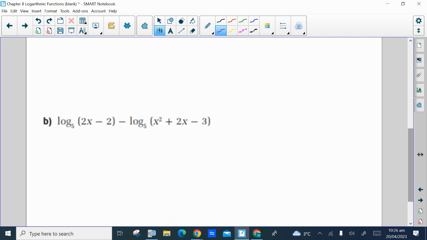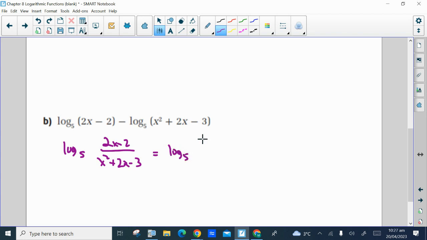So these next ones are a little bit different, because the arguments are polynomials. We're still going to use the laws of logarithms, though. It'll be log base 5 of 2x minus 2 over x squared plus 2x minus 3. Again, because the bases are the same, we can combine them. But this can be simplified, because you can factor.